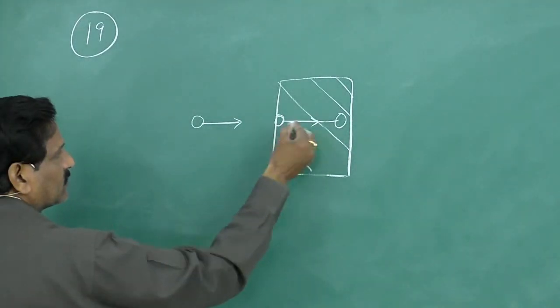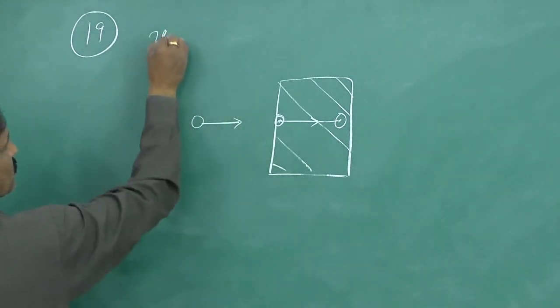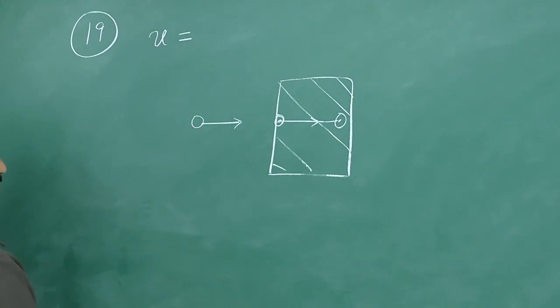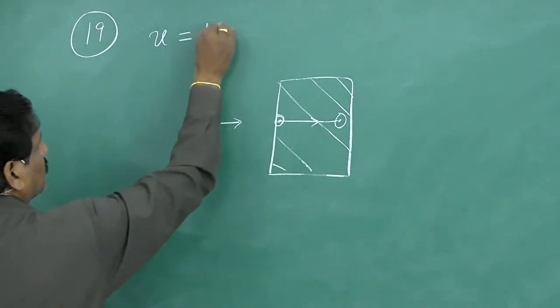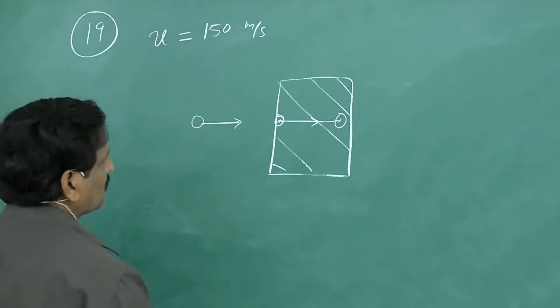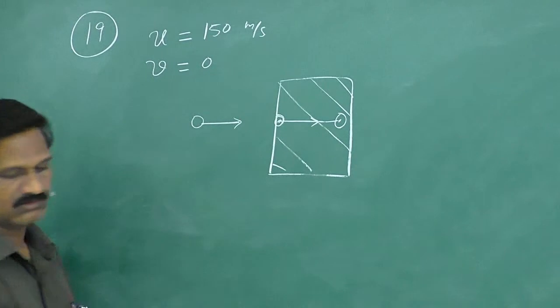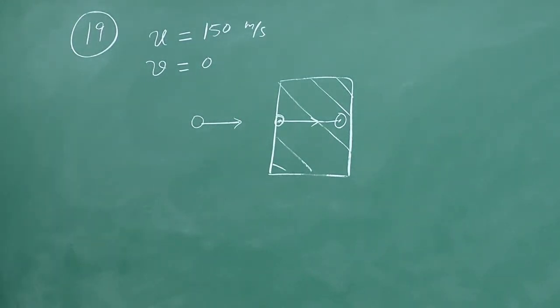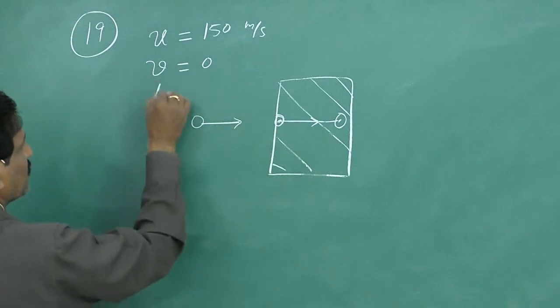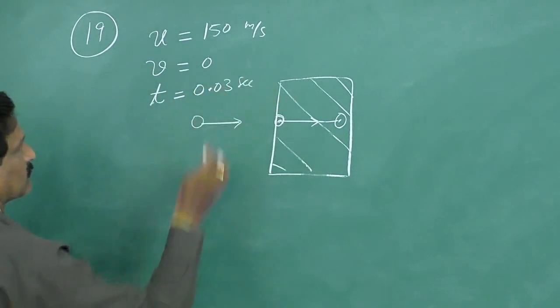So this is the initial point and this is the final point. When it enters the wooden block, the initial velocity of the bullet is given as 150 meter per second. Finally, it is going to be stopped after penetrating through some distance, and this penetration takes place in a time of 0.03 second.